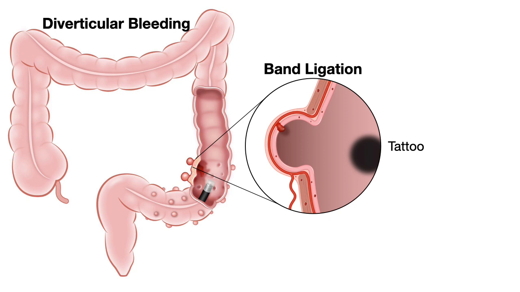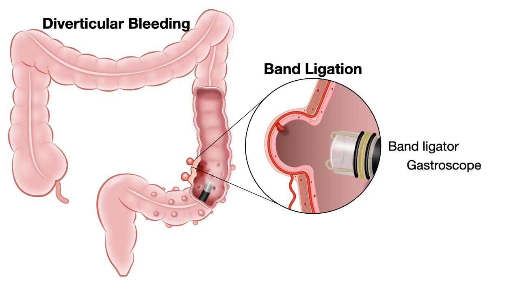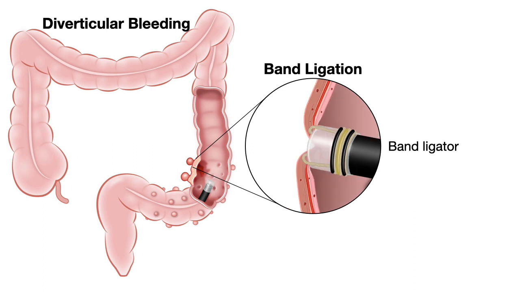And once you have a tattoo, you can come back with the band ligator applied to a gastroscope or a PD colonoscope. And then you apply the band similar to the way we apply a band for ligating varices.